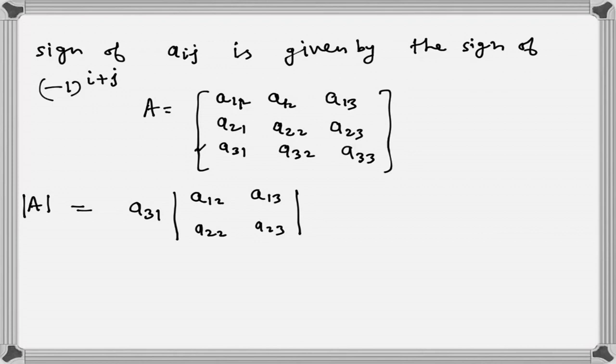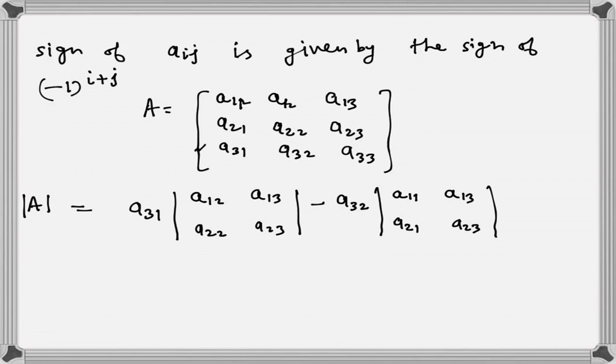Then we take the second one, a32, and this sign will be negative because 3 plus 2 is the odd number 5, and then we delete the third row and the second column. We get a11, a13, a21, a23.